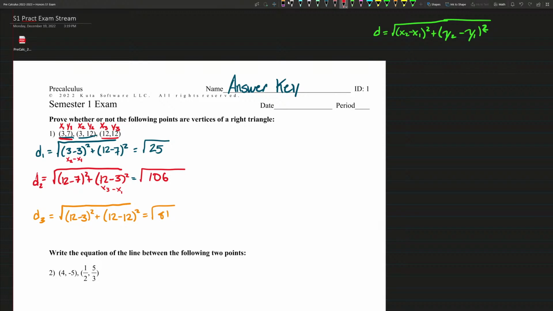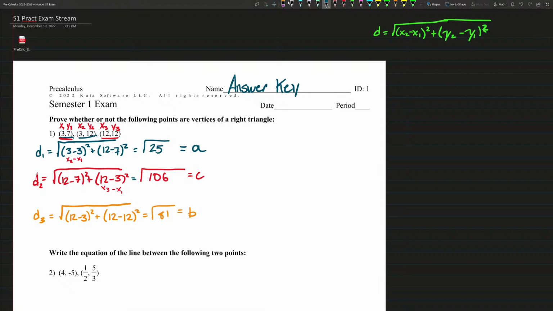Okay. Our job is to plug this into the Pythagorean theorem and see if it works, right? So the biggest is always C. So these other two can be A and B. C has to be the biggest one.